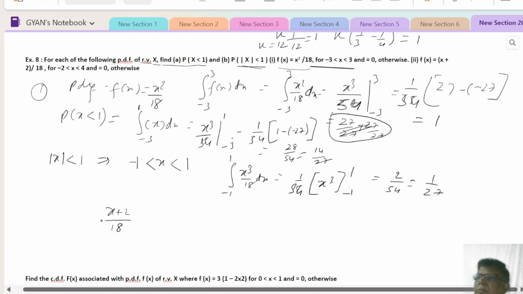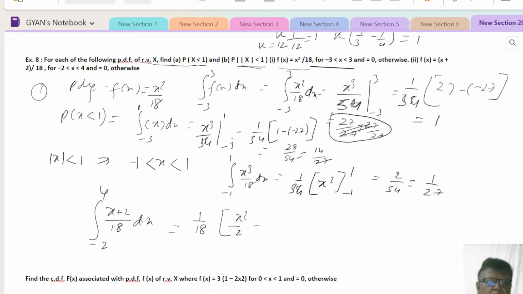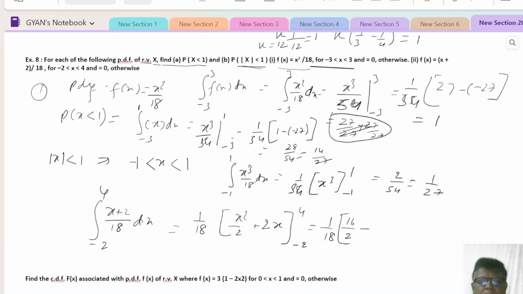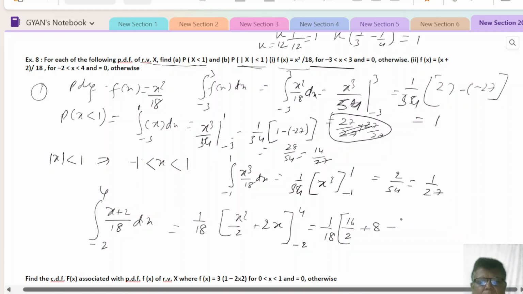So first, integral from minus 2 to 4 of fx dx. So 1 by 18 into x square by 2 plus 2x from minus 2 to 4.